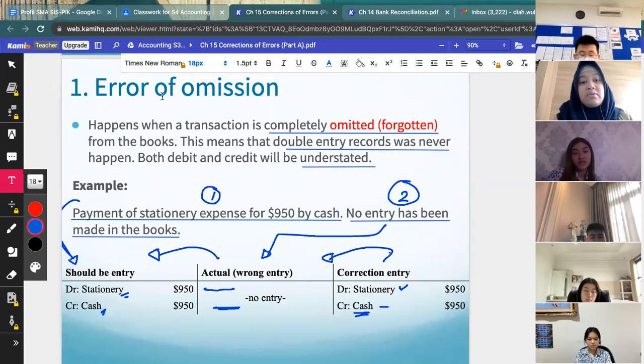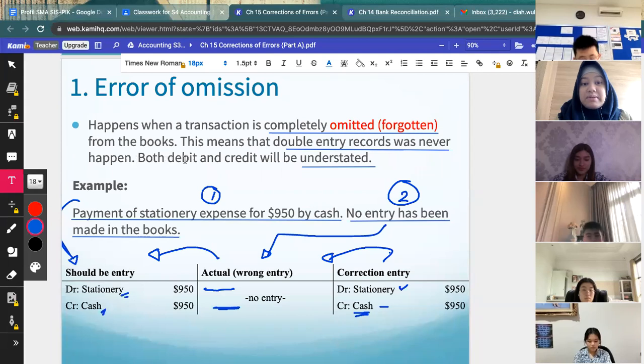Okay. Over here, we have error of omission. Error of omission happens when a transaction is completely omitted. The word omitted means forgotten. Okay, so it means it's forgotten from the books. Yeah, this means that the double entry record never happened.